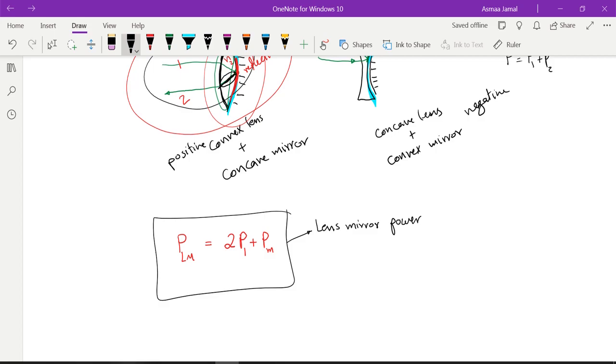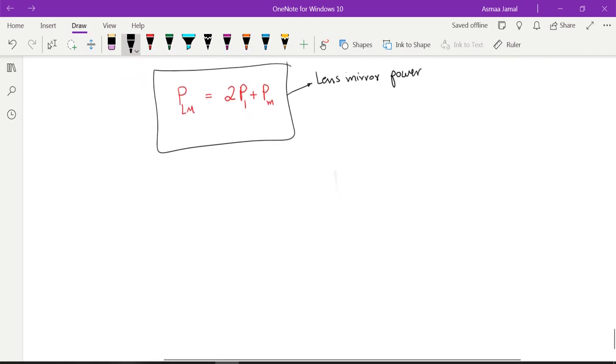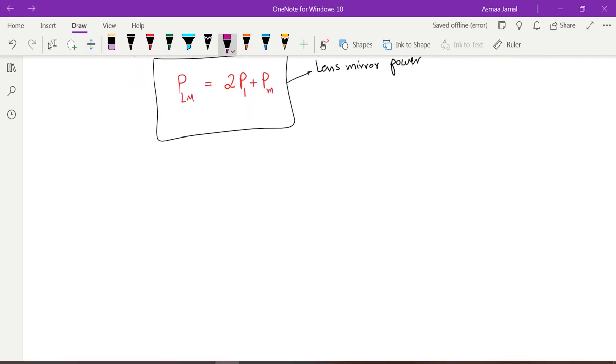Let's have an example so you can get it more. Let's say we have an equiconvex lens, and equi, as we said, means both surfaces are equal, have the same curvature. So this equiconvex lens has power plus 10 diopter.